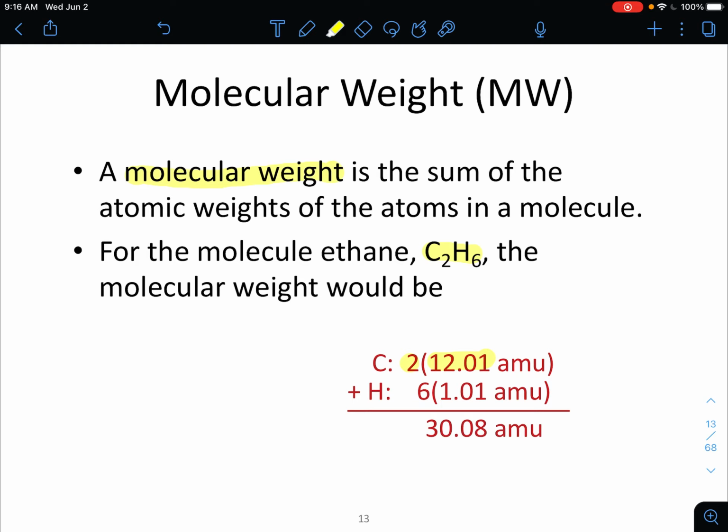So we more or less get 12.01. And then for hydrogen, there are 6 of them, and each hydrogen to 2 decimal places is 1.01 AMU. So if we add that together, then we'll get an overall weight for the molecule C2H6.